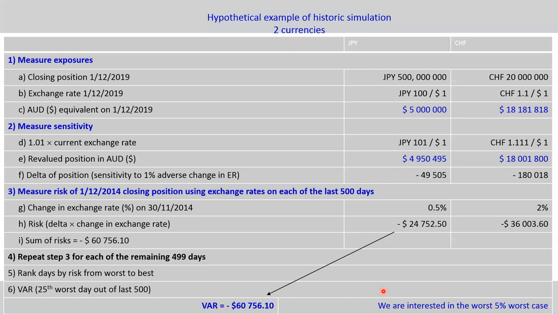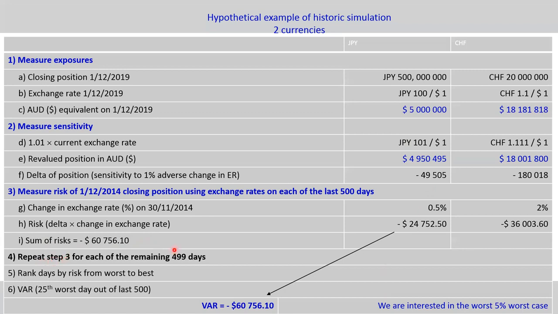So you will take the last 500 days, see the changes, use the delta, transfer this to dollar values, sort them for the last 500 days, and then get the worst 25 days. That is your VAR. So in this case, this is the risk of 1 day.